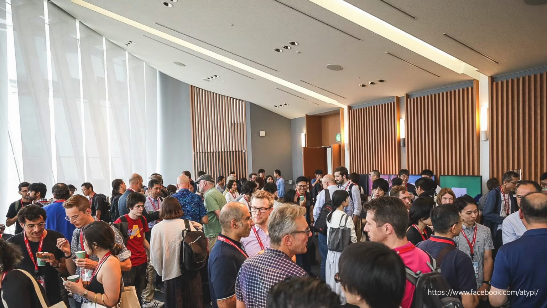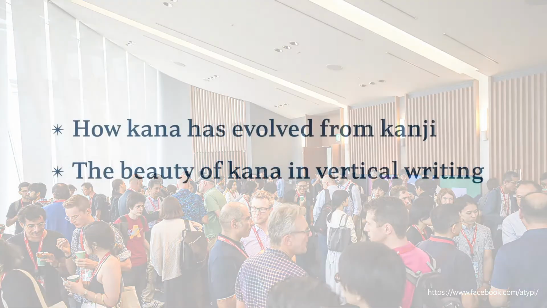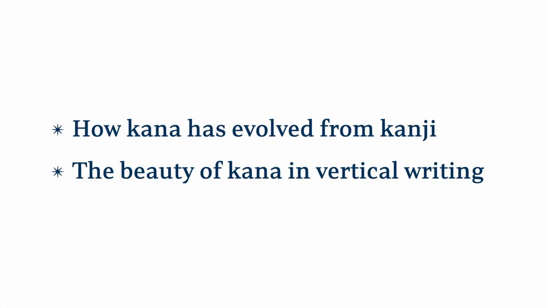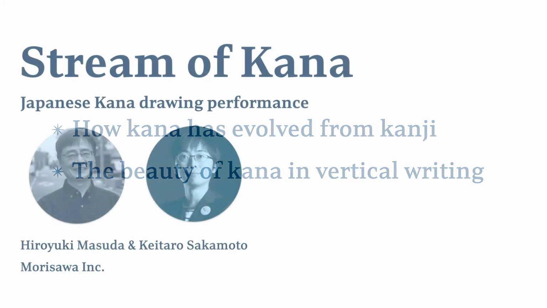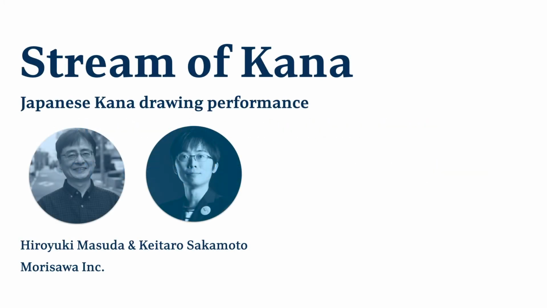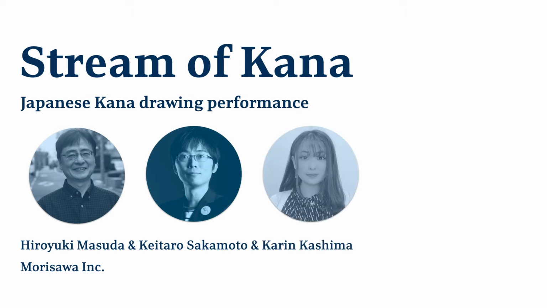The topics we will cover today are how Kana has evolved from Kanji, the beauty of Kana in vertical writing, and maybe you can even pick up a word or two in Japanese. From here, my colleague Karin will take over the details.